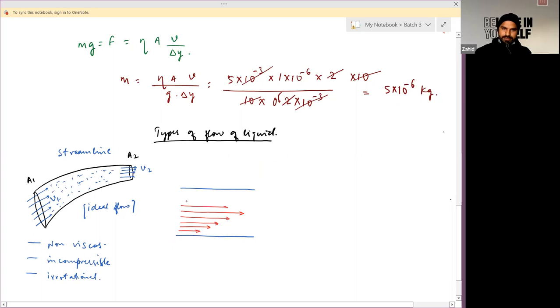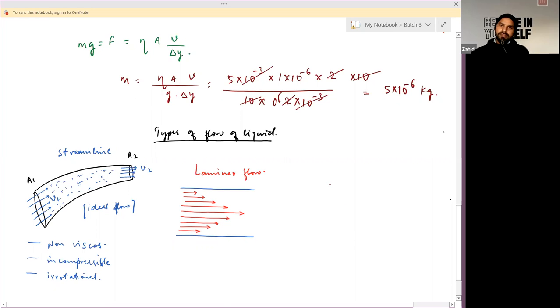Similarly, in this direction, so velocity on the edges will be least as compared to the centralmost part. So this type of flow of liquid is called laminar flow.